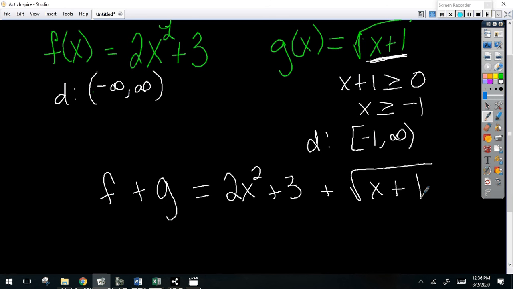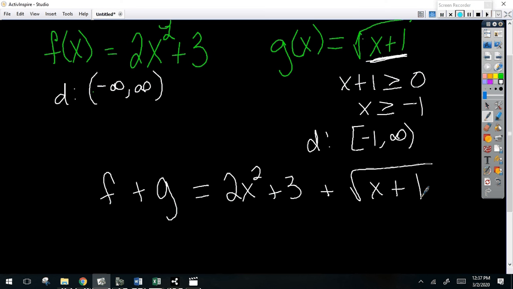Can you combine anything there? That one's under a radical, though. You have to leave it just like that. You can't combine it. If you could, you would, but you can't. So that's what it looks like when I add those two functions together.